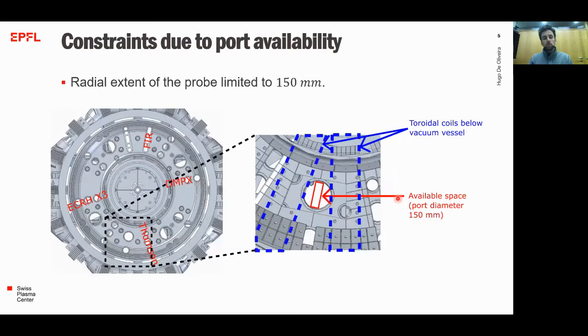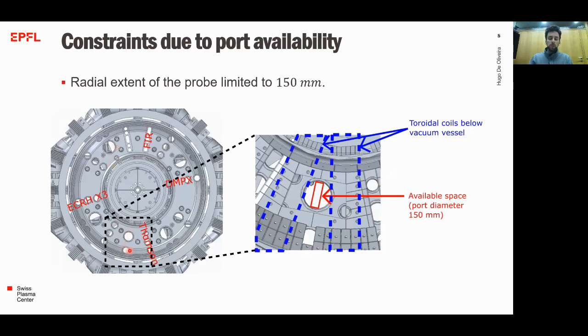So in order to have a vertical motion, we need to have a vertical access under the machine. And you can see here the top view of the vacuum vessel with a few of the available ports. Most of the ports are not available because there are structural bars below the vessel that block the way.